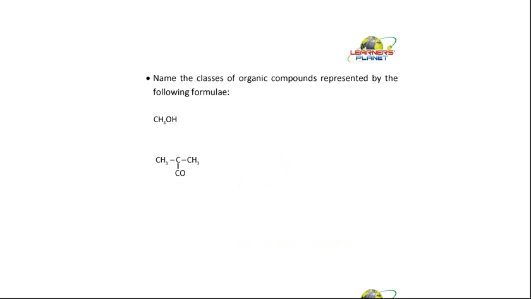Name the classes of organic compounds represented by the following formulae. Now look here students, in the very first one, that is in the A, what is the thing here? It is CH3OH. So which group is present here students?